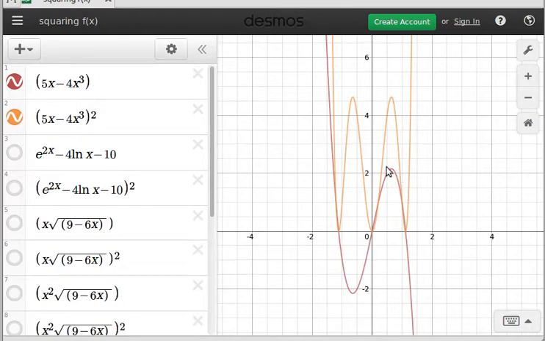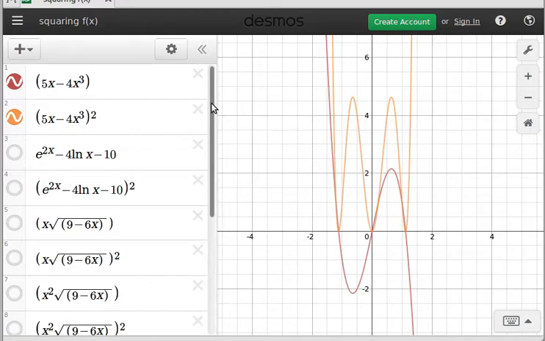This is always true for any positive f of x. Now notice what's happening over here. This is a negative number, a little bit bigger than negative 2. If I square it, it would end up being positive 4 point something. That's why this rule will only work for positive functions.